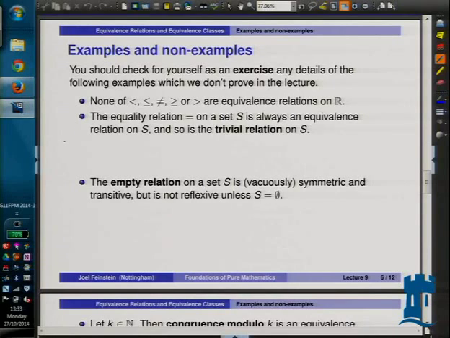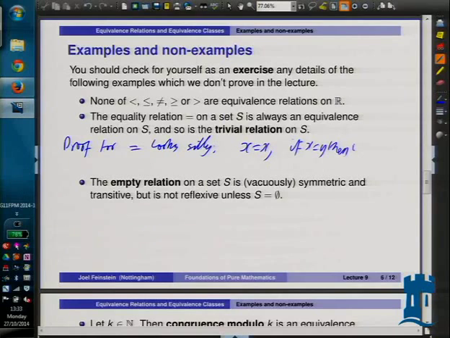So the proof for equals looks silly. x equals x, and if x equals y, then y equals x. And if x equals y and y equals z, then x equals z. And I don't think I can say much more than that. That's why equals, whatever set you're working on, always works as an equivalence relation.